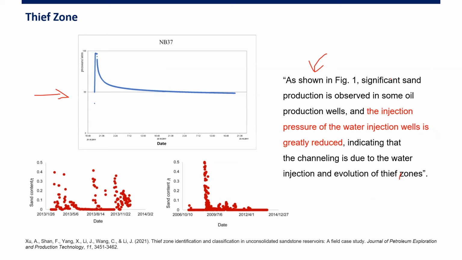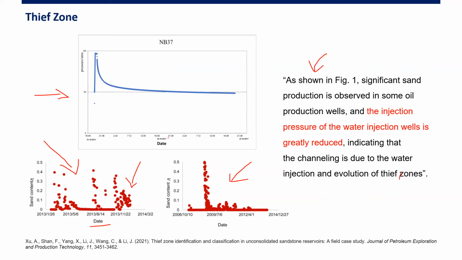Significant sand production is observed in some production wells. So these are actually the producers. Okay, we have on the vertical axis the sand content, and on the horizontal axis the date. So you can see we have increased sand production, or based on the paper, significant sand production.